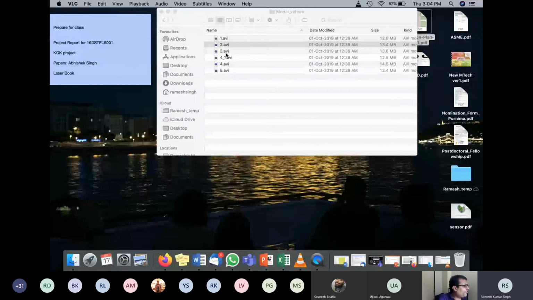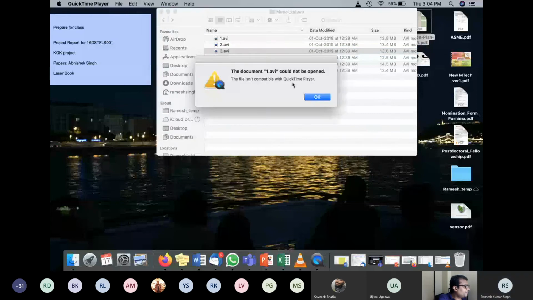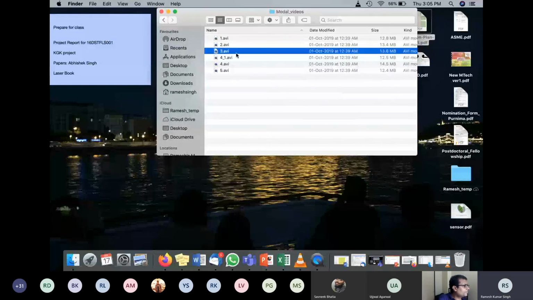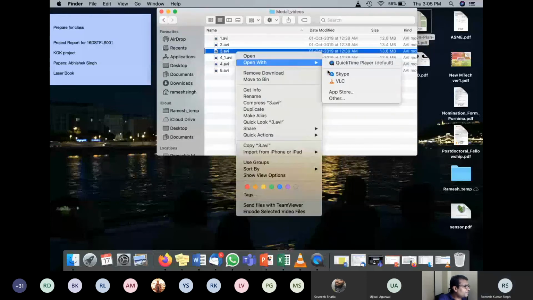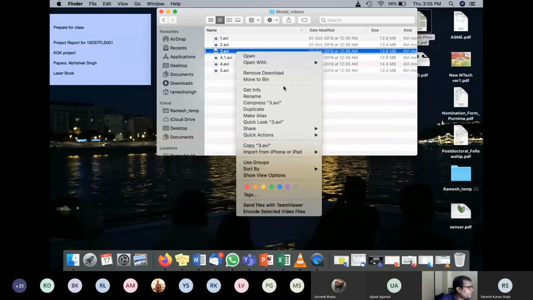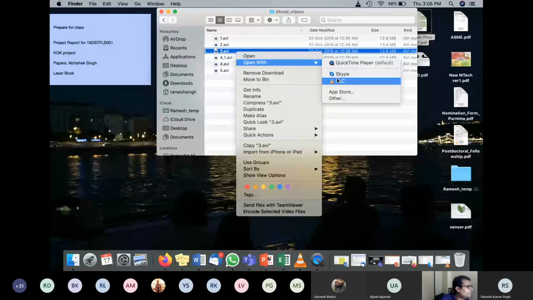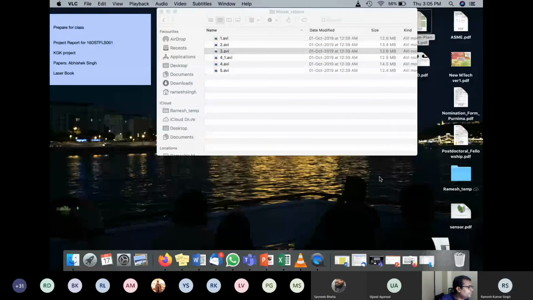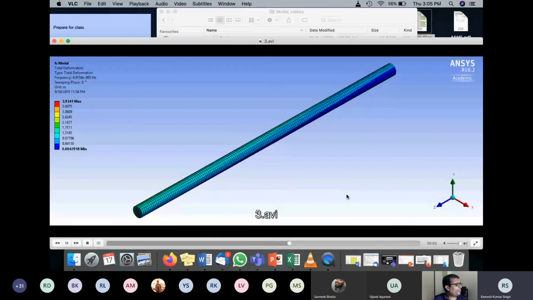The third mode will have something different. This analysis is required if you are exciting those frequencies. If you give that frequency, the shaft will start to have that kind of modal shape. See, all of them have different modal shapes.